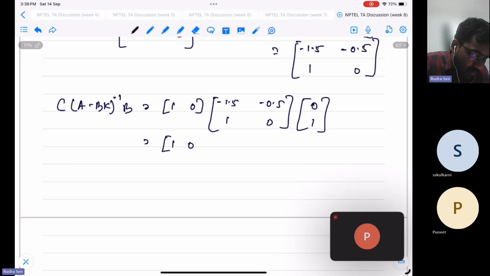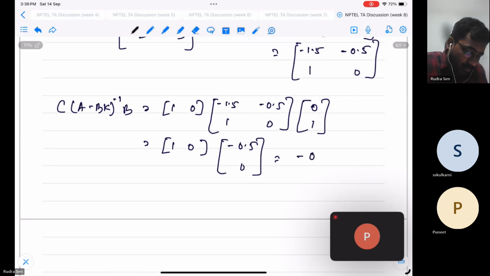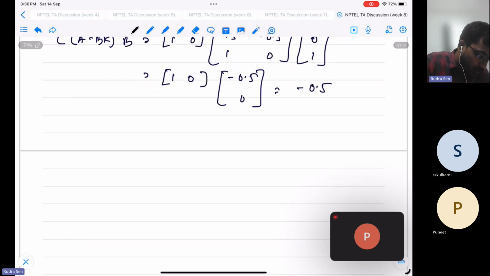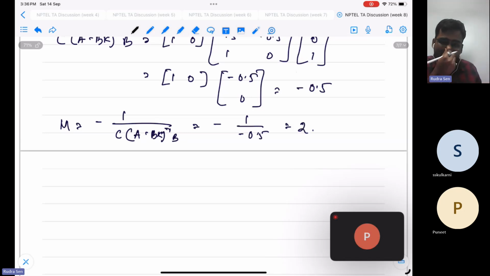So it is [1 0] and [-0.5 0], so it is minus 0.5. Okay. So M is minus 1 by C into (A minus BK) inverse into B, that is minus of minus 0.5, which gives you 2.